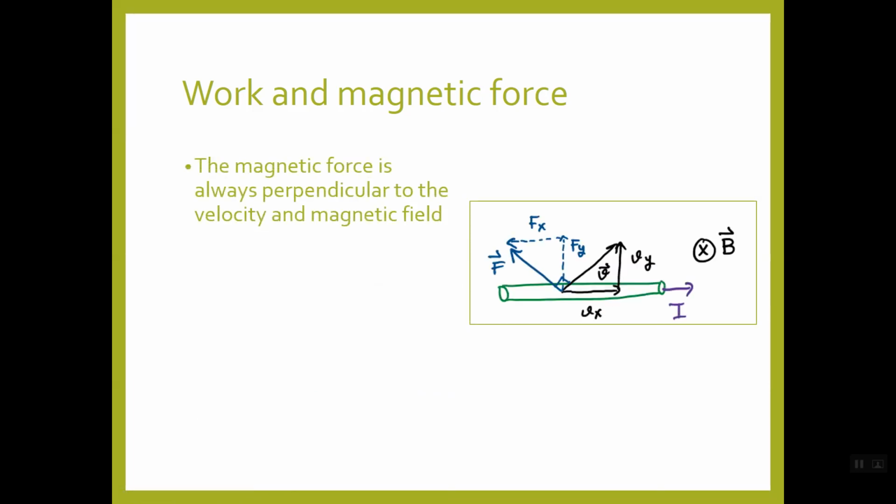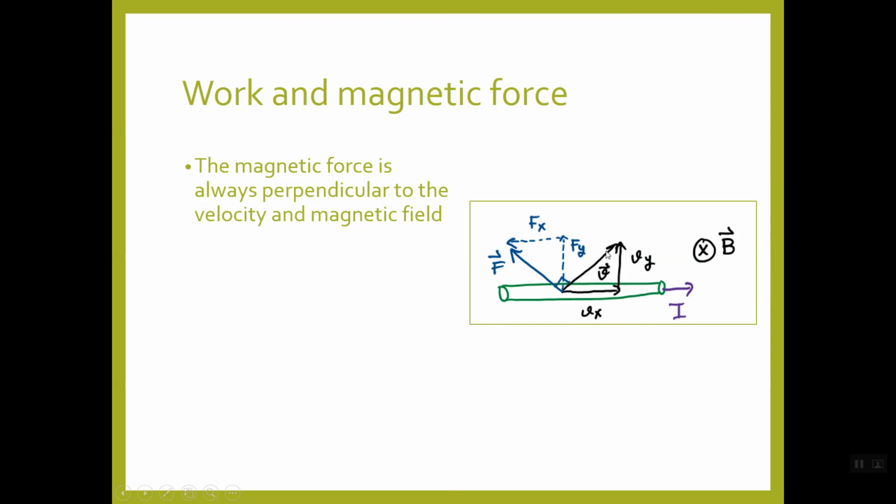So the magnetic force is always perpendicular to the velocity and magnetic field. Okay, so our charged particles in our wire are moving to the right because there's a current, but they're also moving up because of the force.